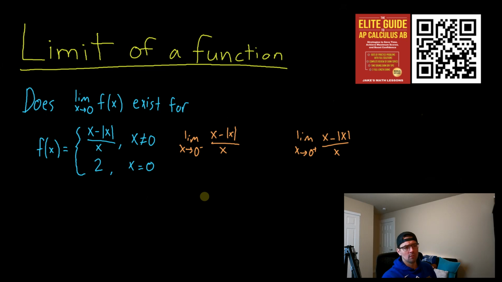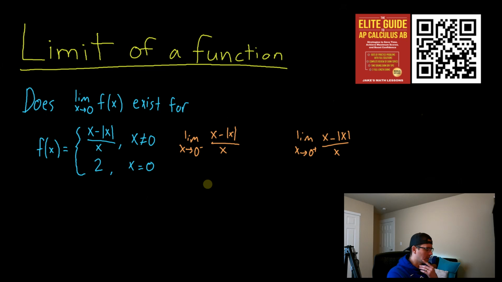The concept that I showed in my last video was to convert this into a slightly different limit that gives us something easier to solve, or at least easier to conceptualize and wrap your head around.